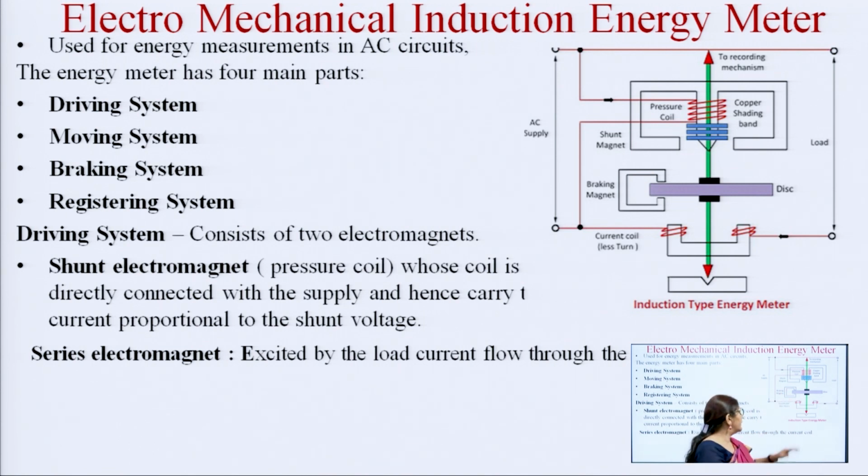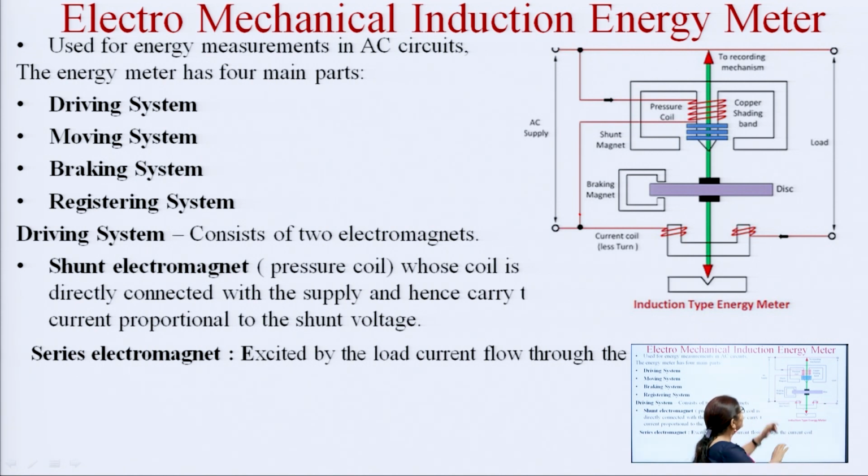When there is no consumption of energy, or when the torque due to the braking magnet and the torque produced due to the current are balanced, the movement of the disc stops.